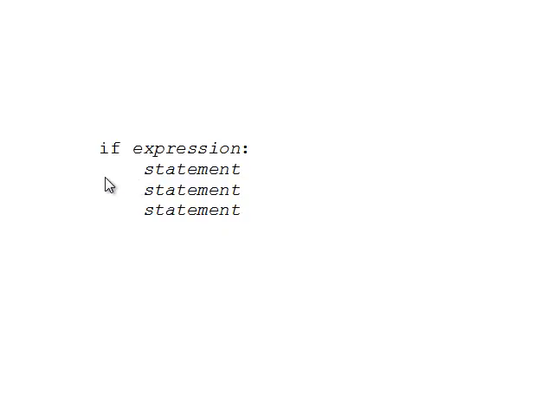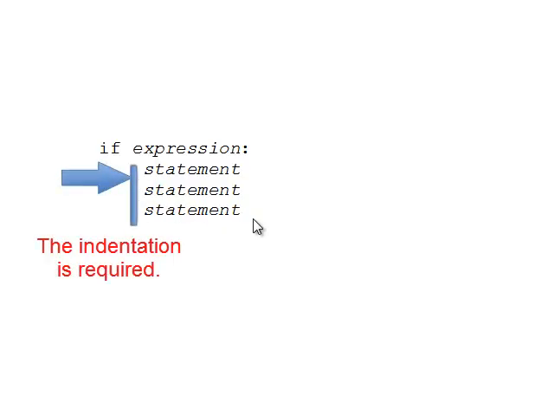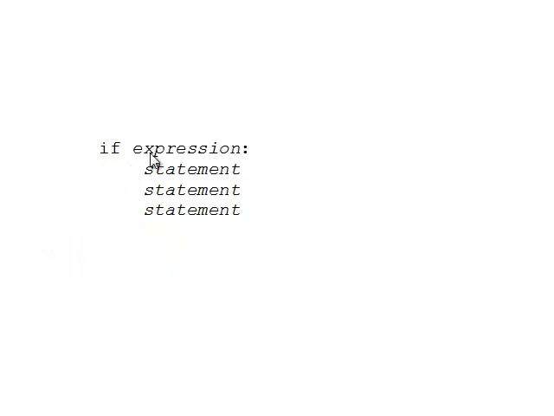Beginning on the next line, we have an indented block of statements. The if statement tests the Boolean expression, and if the expression is true, the block of statements that appears next is executed. But if the expression is false, the block of statements is skipped.